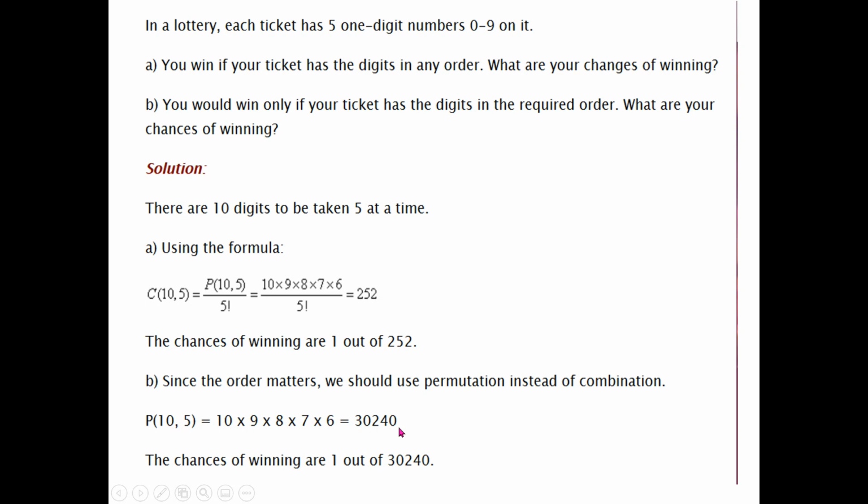So the chances of winning are 1 out of 30,240. So of course in scenario B, your chances of winning will be less as compared to scenario A, because in scenario B, not only do you need to have the winning digits, but they also need to be in the required order.